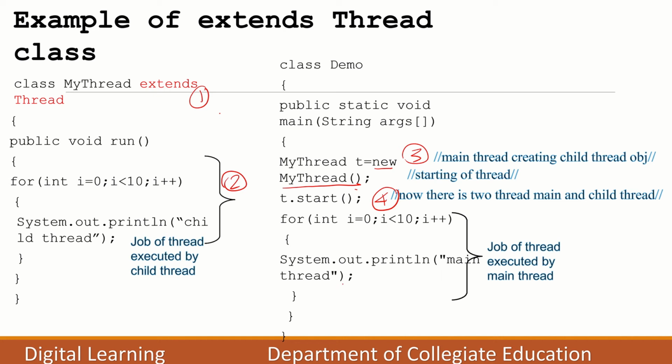Now I am going to print the values 1 to 10 in the main thread also. So what will happen here? It will start printing the values of the main thread, and in between, whenever it goes to sleep, it will go to the child thread to execute. So the child thread and the main thread will execute, switching from one to another.